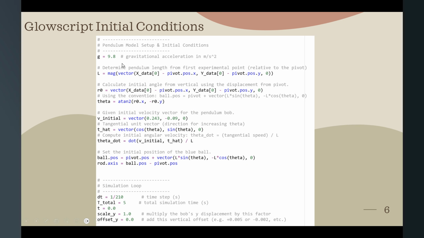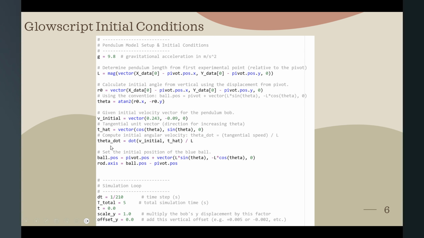So, the initial conditions: g is 9.8. We define L as I described previously. Theta is the angle from the vertical. Using trigonometry, it can just be tan inverse of x over y. Then we have the initial velocity, which is as defined.